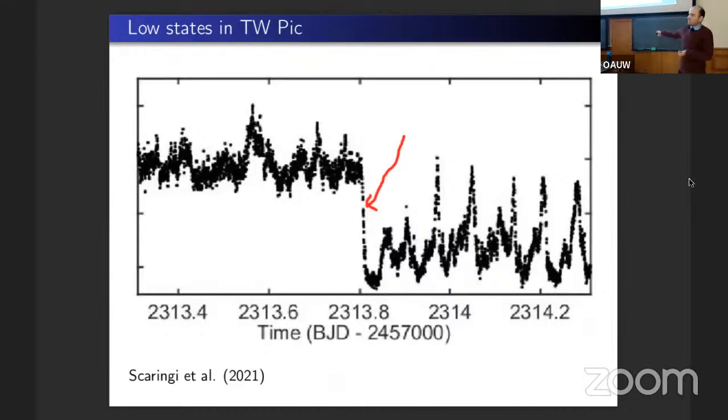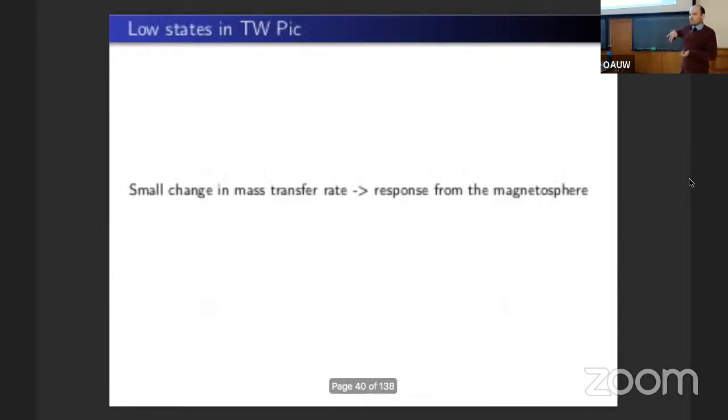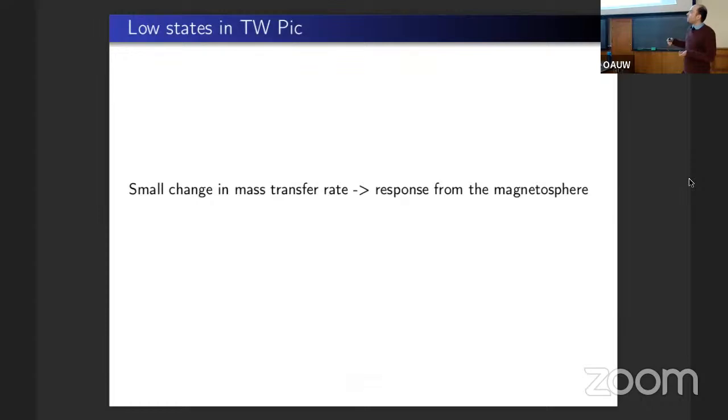So the very fast transition into the low state could be explained by a very small change in mass transfer rate, because we just don't need to turn off the mass transfer completely. We just need to decrease it slightly, so this can be done very fast, just so that the innermost radius moves outside of the corotation radius.